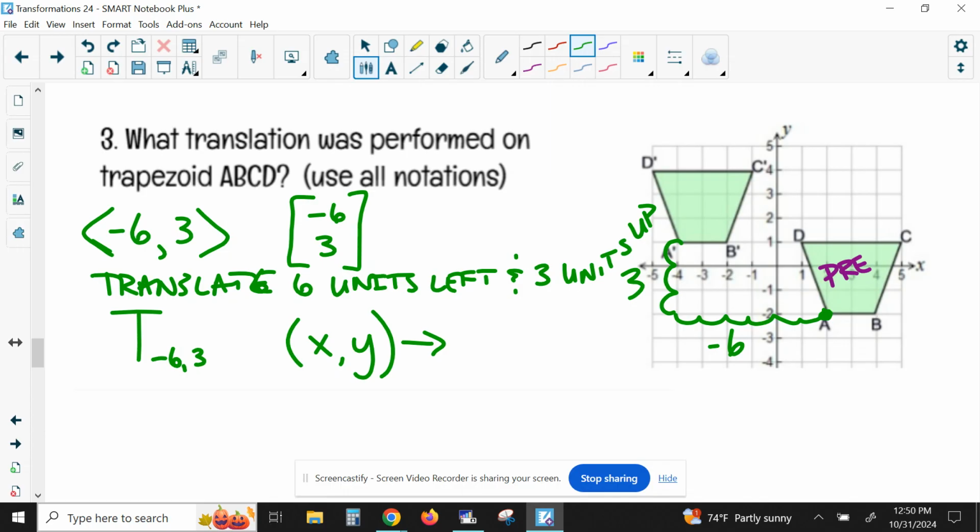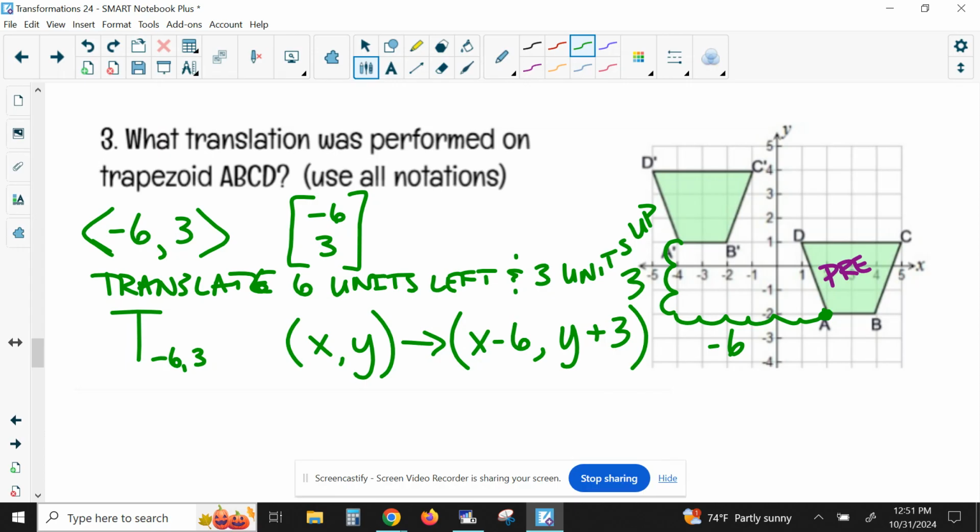Arrow, then parenthesis: X minus 6, comma, Y plus 3, and then close your parentheses. It looks like a point and a point, right? Here's your point, X, comma, Y, and here's your point here. All they did was put plus or minus whatever they did on it. You know what I mean?